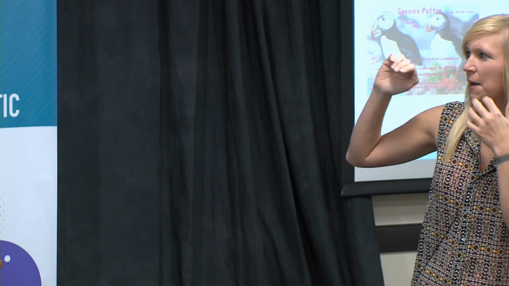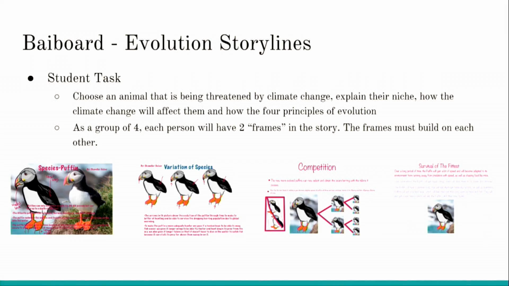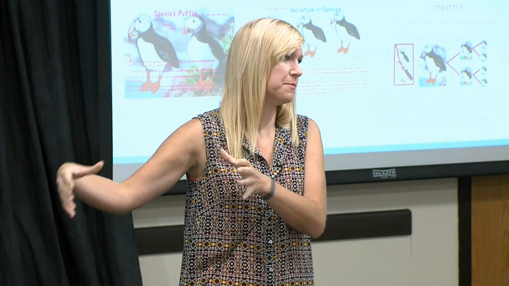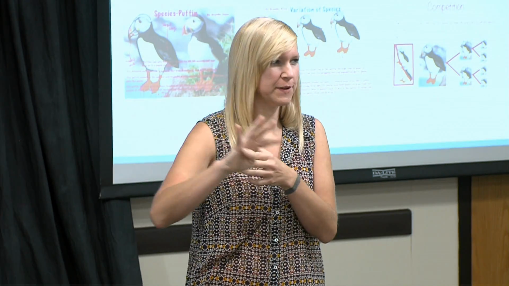So what we do with ByBoard is in our evolution unit, the kids take a species, and we've been looking at climate change, and how things have changed over time. We've looked at the evidence for evolution. And now they need to describe how evolution works. One of the NGSS standards involves modeling, creating a description of how an organism changes over time using the 4 principles of evolution.